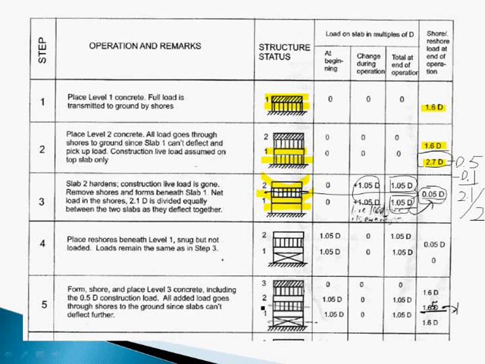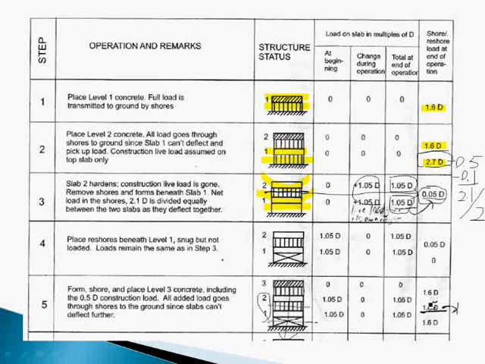Just snug. In step 5, we construct a new slab. Because right now slab 1 and slab 2 are not allowed to deflect, the extra new 1.6D is just going to be transmitted through to the ground.